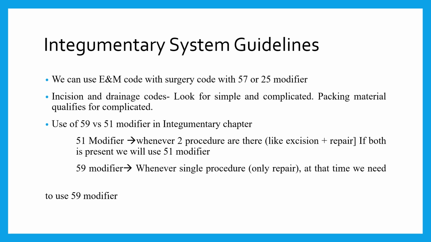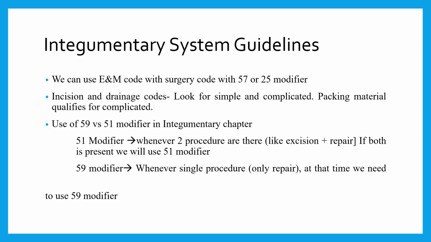In your answer, if you have an E&M code with the surgery code without 57 or 25, you can directly reject the answer. Whenever I'm telling guidelines, make a note of it and put a star to it. Make sure that you know all the guidelines well and you can crack the exam very easily. It is going to save your time also.